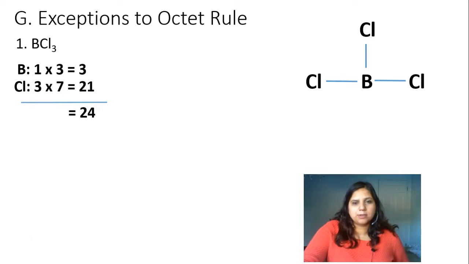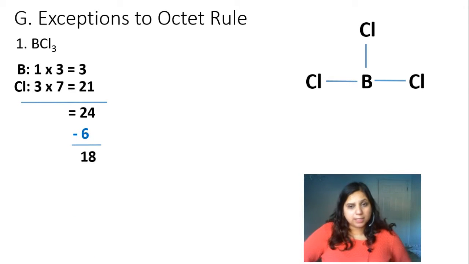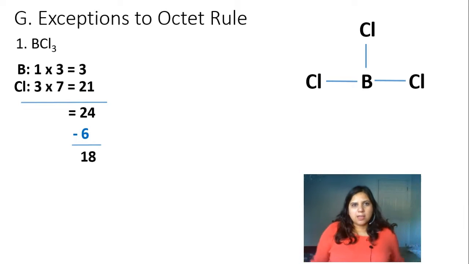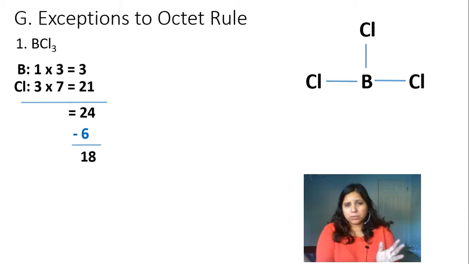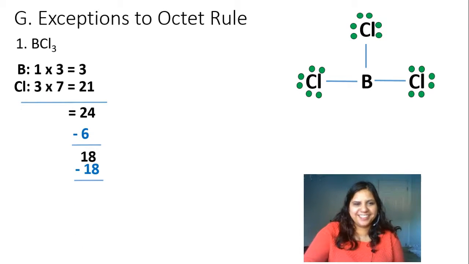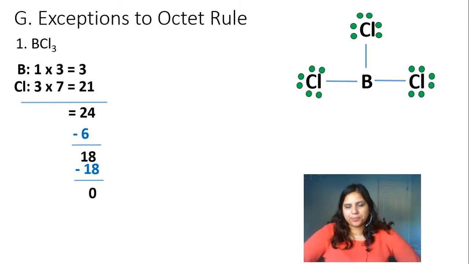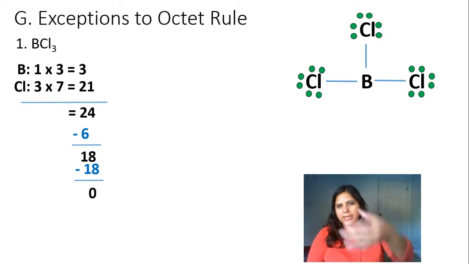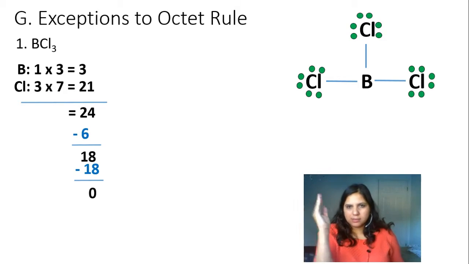That got rid of 2, 4, 6 valence electrons, leaving me with 18. So then 18, I've got 3 chlorines. Each one can take 6, so that's 18. That means I have none left over. That's 0.